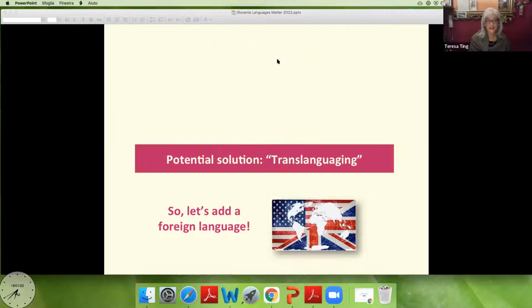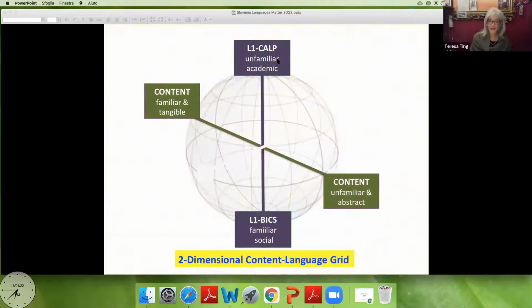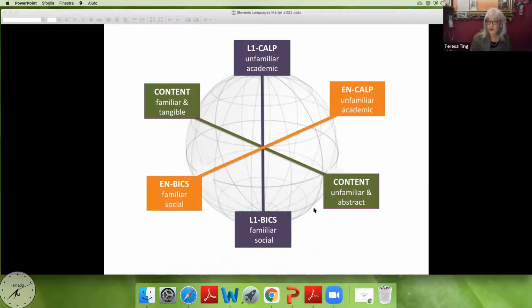Now, let's see. The potential solution is translanguaging. Let's see what happens. Let's see how to do this. Remember L1, familiar. Unfamiliar. L1 is familiar. Content is abstract and unfamiliar. Content is familiar and tangible. This is a two-dimensional grid, in a three-dimensional space. What we need to do now is, of course, put in the third dimension of a foreign language.